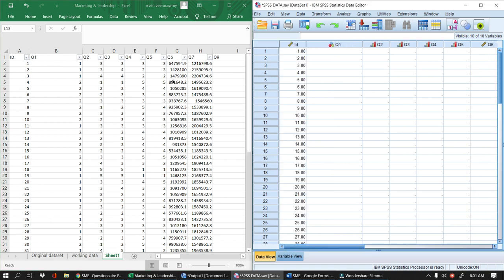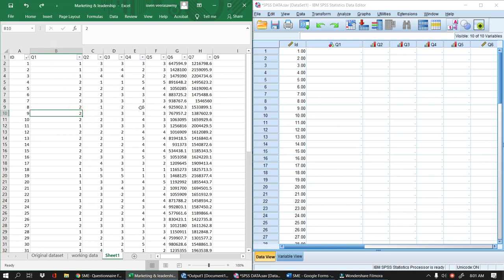The ID is super important to do the cross check. Let's say you have deleted a value by mistake, you can always come back to your original data set and look for respondent number 8, and you will know the missing value.